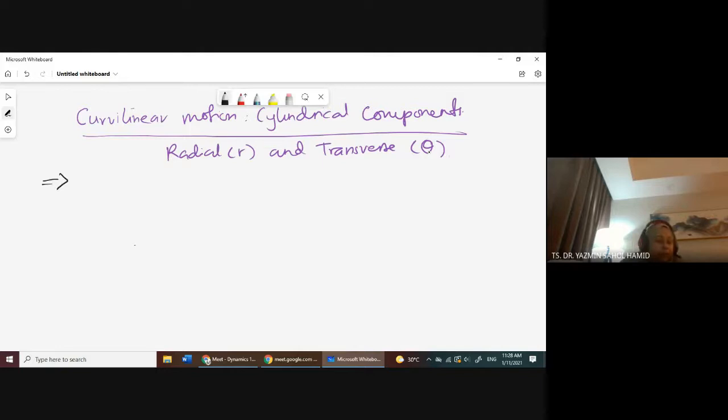What it means is when the motion of a particle is constrained on a path.